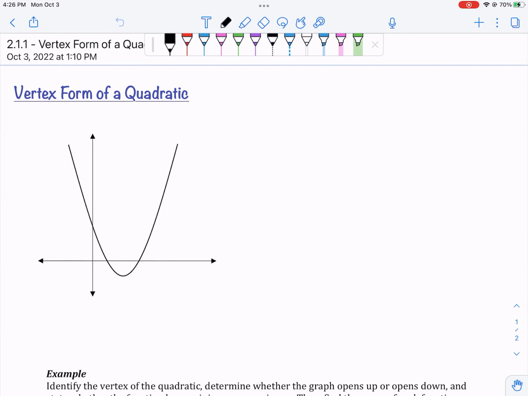Anyway, besides that, let's start talking about quadratics. If you remember, quadratics are polynomials with degree 2.